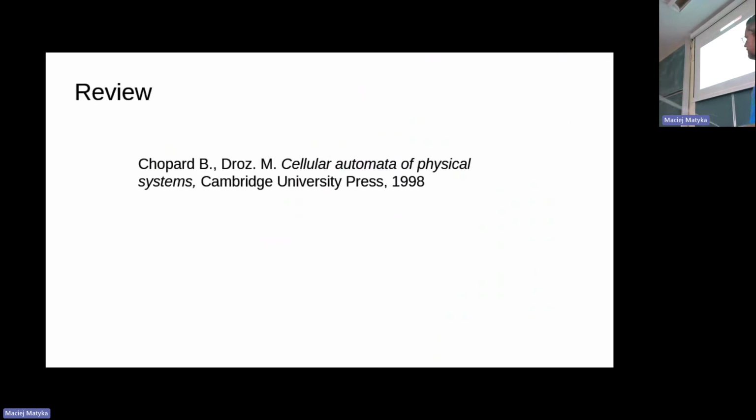And if you are interested in a review of such cellular automata in more and more detail, there is a fantastic work from Chopard and Droz. It was studied in my group in earlier years, because Professor Pękalski was interested in such models. He was actually reviewing the book from Cambridge University Press, Cellular Automata Modeling of Physical Systems.